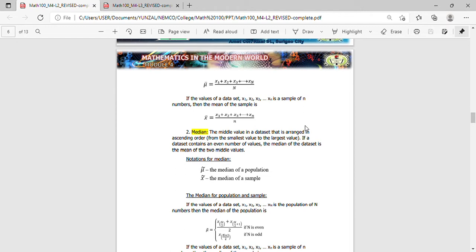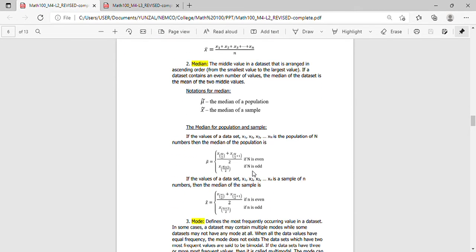Gikan sa gamay padung sa dako, from the smallest value to the largest value. Dili ka pwede magkuha ng median nang wala siya na arrange. If a data set contains an even number of values, the median of the data set is the mean of the two middle values. So we have here again, this one is the symbol for the median of a population. This X with the above line is the symbol for the median of a sample.